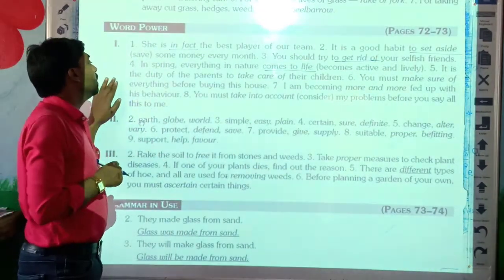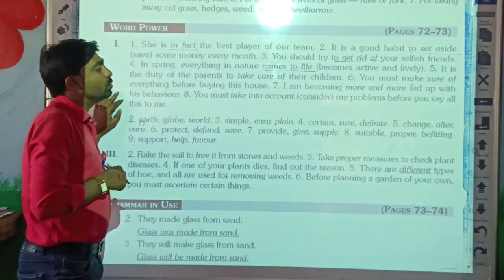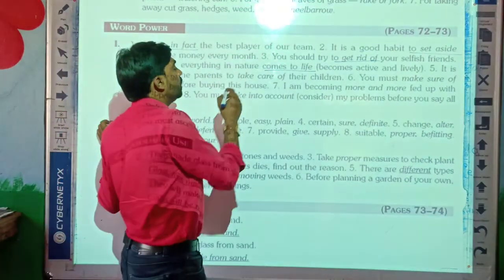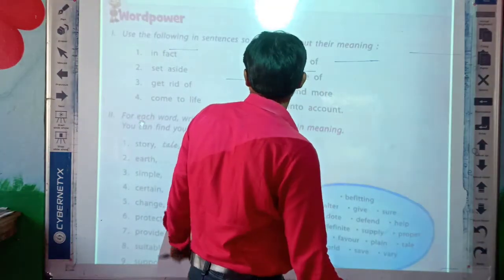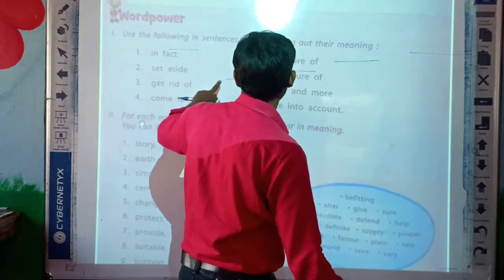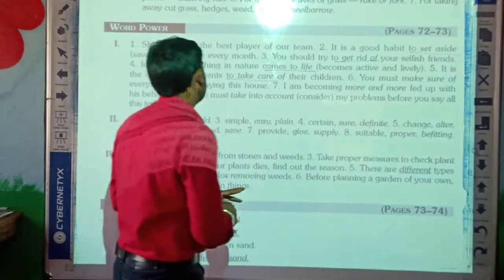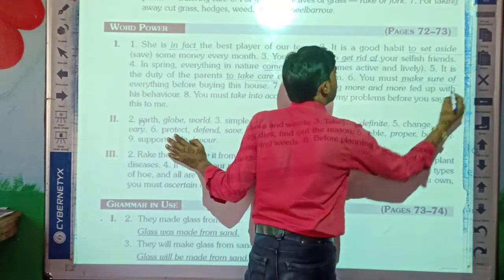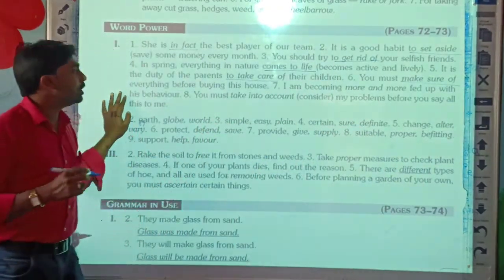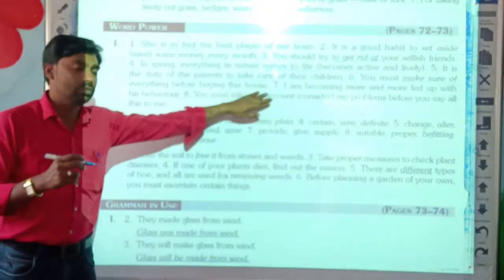It is the duty of the parents to take care of their children. Now make sure of. Sixth one: You must make sure of everything before buying this house.